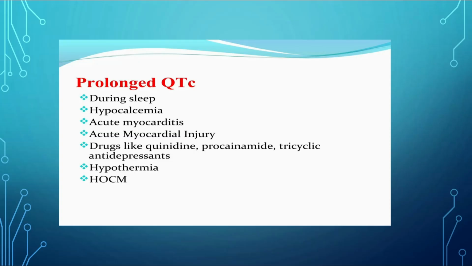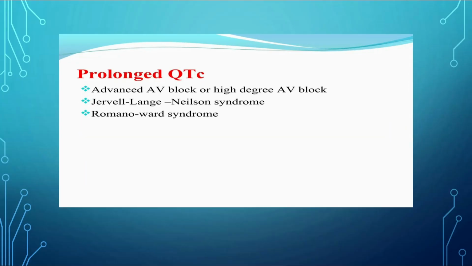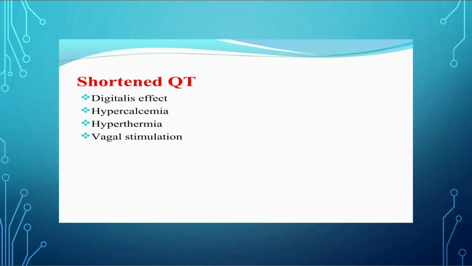So during sleep, hypocalcemia, acute myocarditis, acute myocardial injury, drugs like quinidine, procainamide, tricyclic antidepressants, hypothermia, cardiomyopathy, hypertrophic obstructive cardiomyopathy, then prolonged QTc in advanced AV block or high degree AV block, then Jervell and Lange-Nielsen syndrome you can check, then Romano-Ward syndrome. So these are the conditions where you will get prolonged QTc.